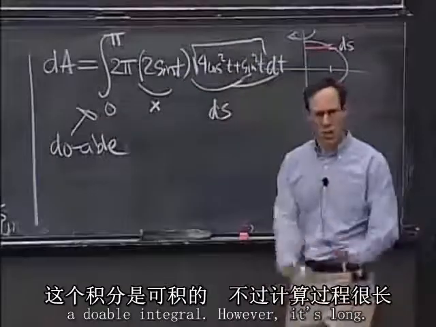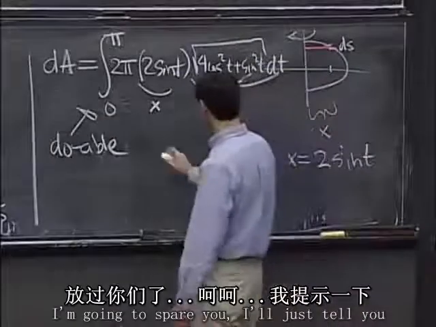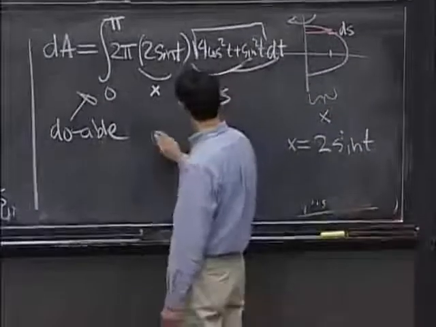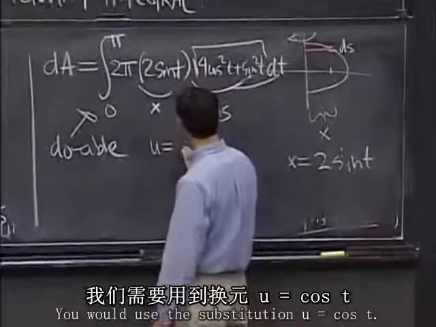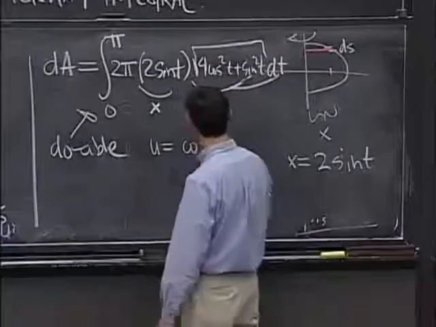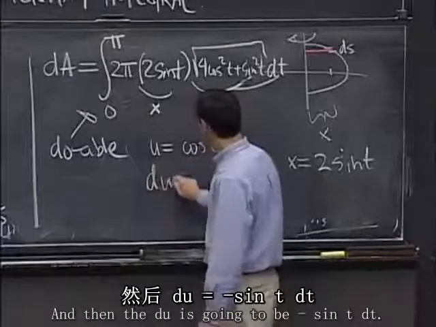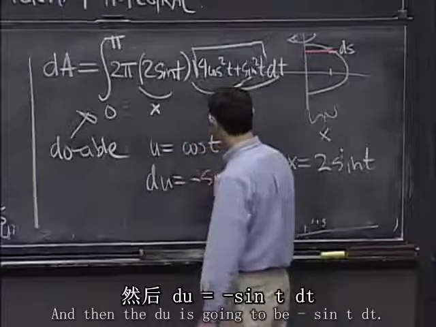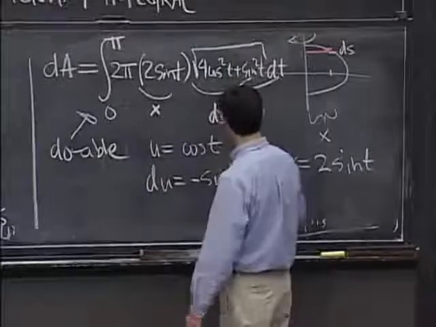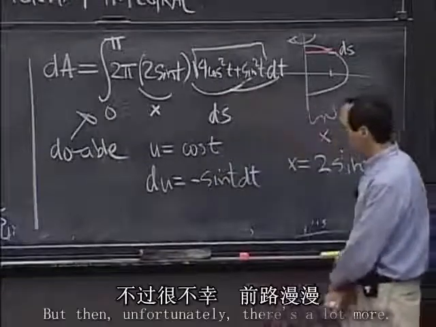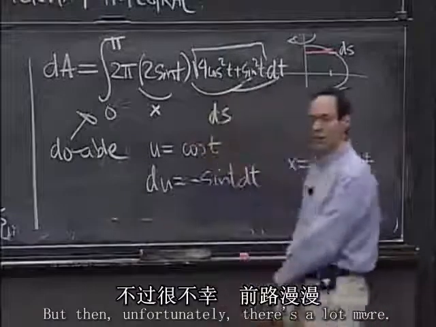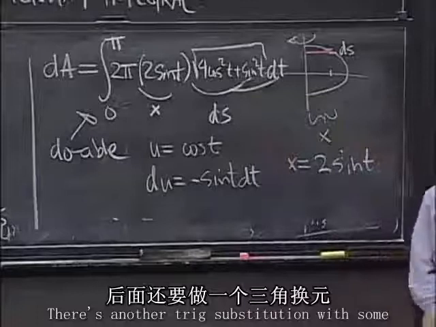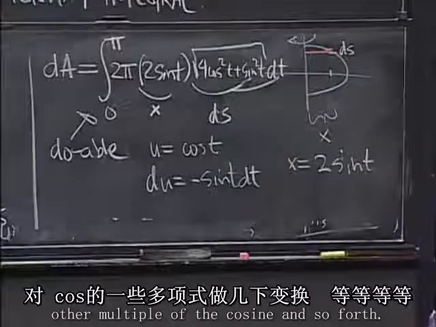However, it's long. I'm going to spare you. I'll just tell you how you would get started. You would use the substitution u is equal to cosine t, and then the du is going to be minus sine t dt. But then, unfortunately, there's a lot more. There's another trig substitution with some other multiple of the cosine and so forth.